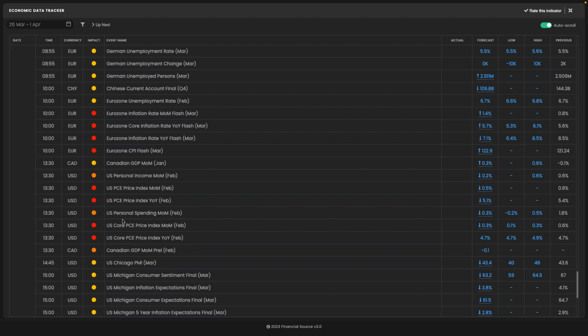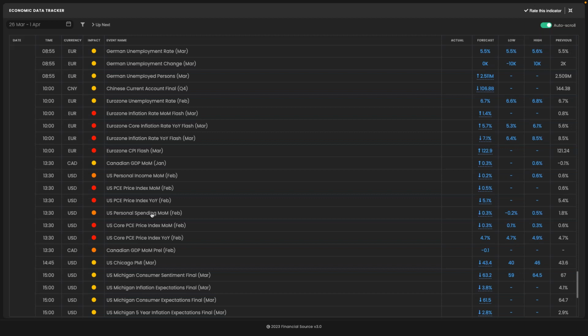Now, this is the personal consumption expenditures print, and it measures the spending on goods and services in the US. It was around 2012 that the index became the main inflation index used by the Federal Reserve to inform its policy decision. This is the go-to index that the Fed uses.